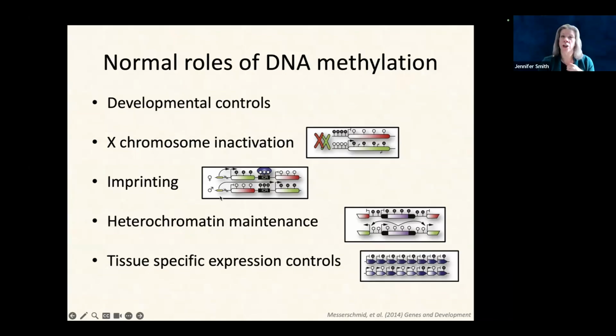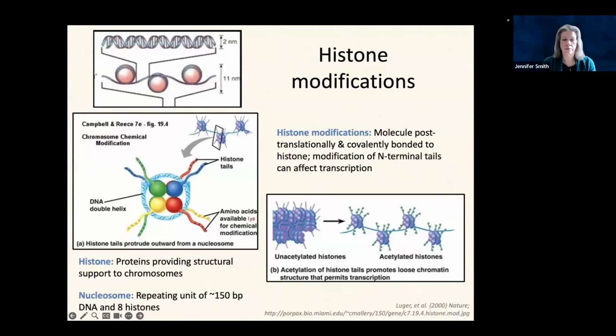Gene imprinting is where you have spaces in the genome where you only want a gene expressed either from mom or from dad, maternal or paternal copy of the DNA. Methylation can turn off the one that you don't want expressed. It maintains the chromatin, which we talked about already, and it has that tissue-specific expression control, which we talked about.